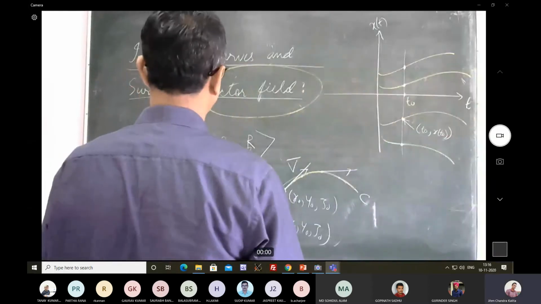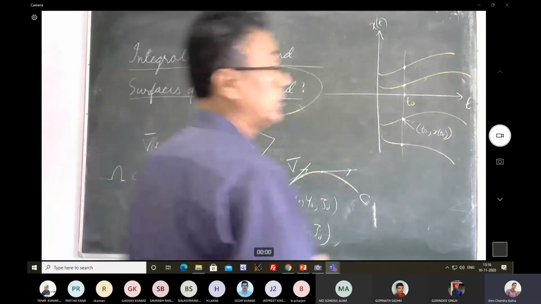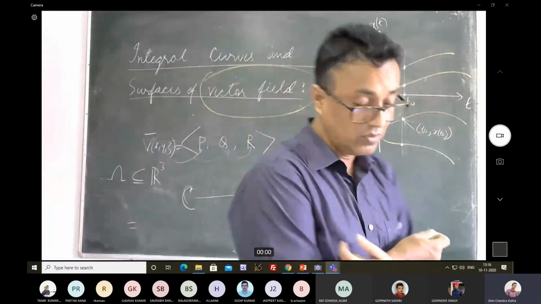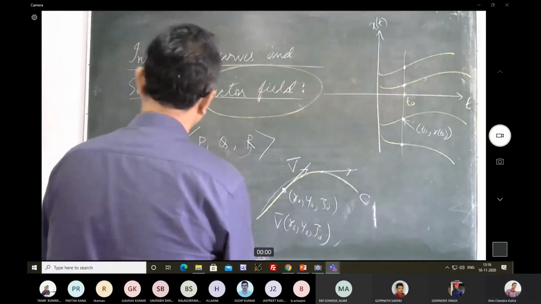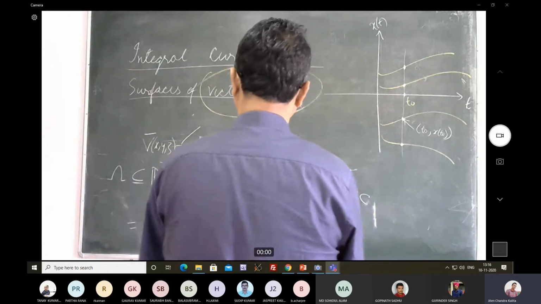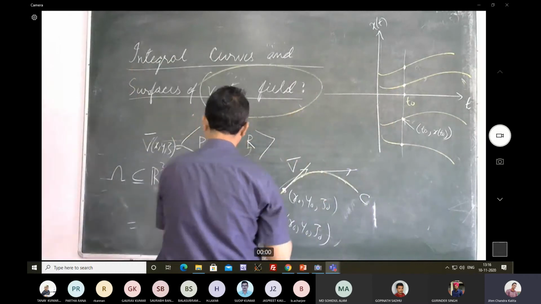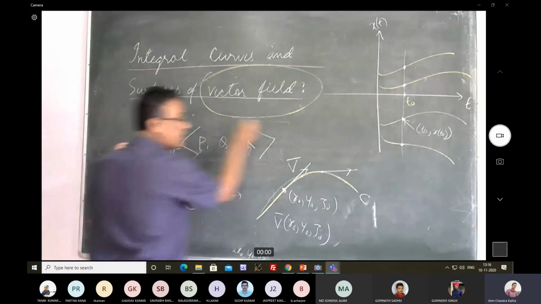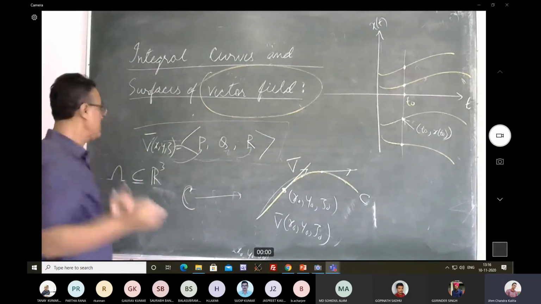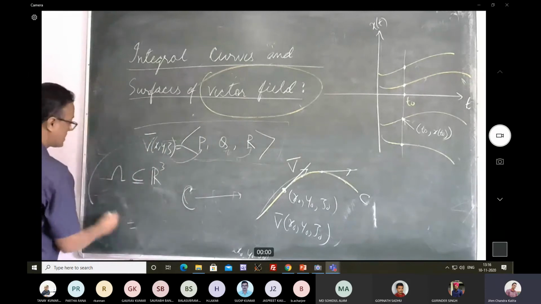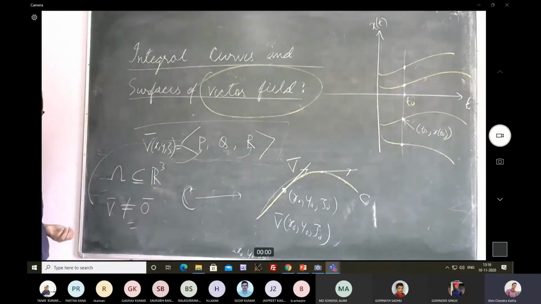Now, the thing is that you cannot define something very arbitrarily. They have to come under some assumptions. When I define an integral curve of a vector field, the very first two conditions that I have to impose are, firstly, your V has to be non-vanishing. This is the first condition.